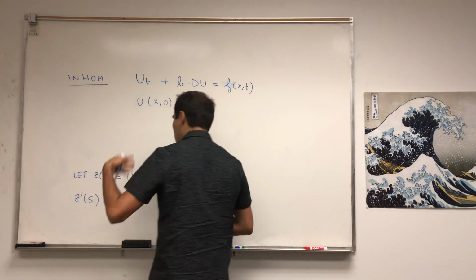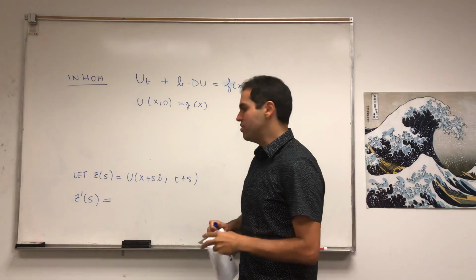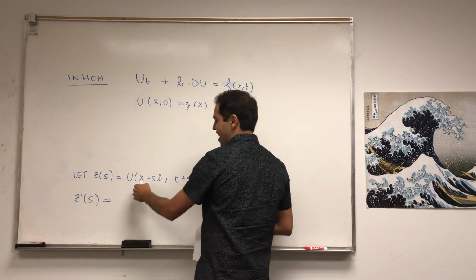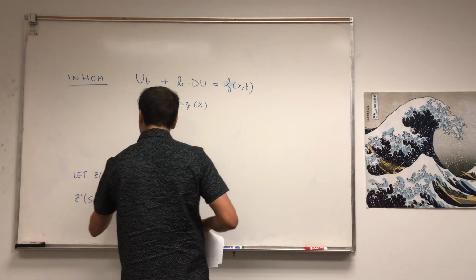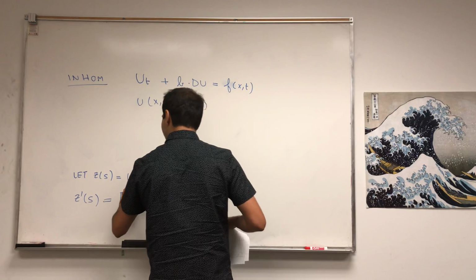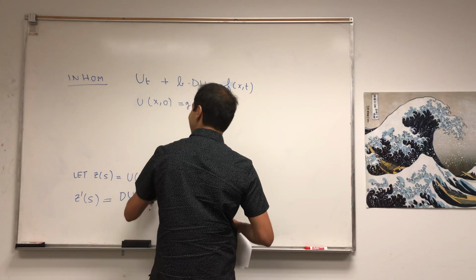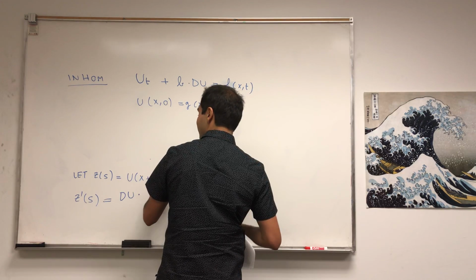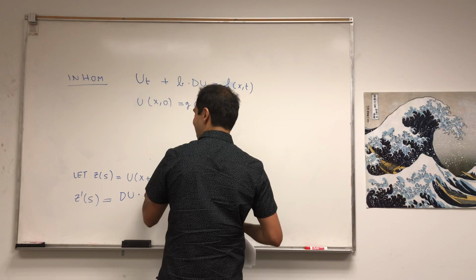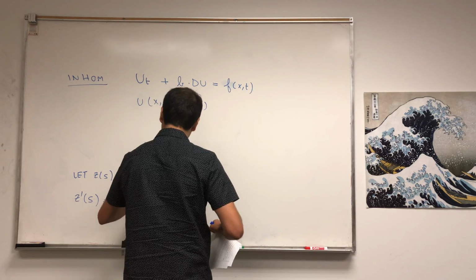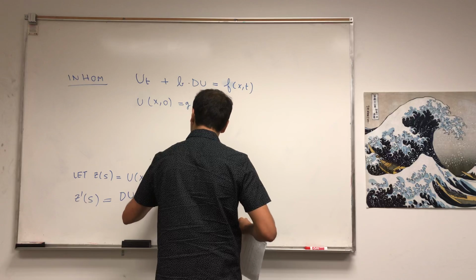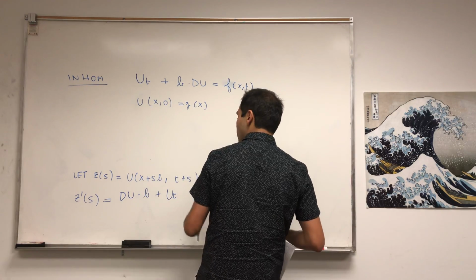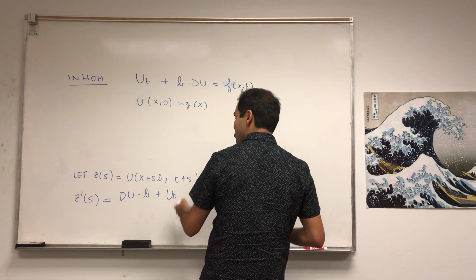Again, just as before, if you want to do this in components, you can, but using the chain rule, this equals the derivative of u with respect to x, dotted with this thing. The derivative with respect to s is just b, plus u_t times the derivative of this with respect to s, which is 1.